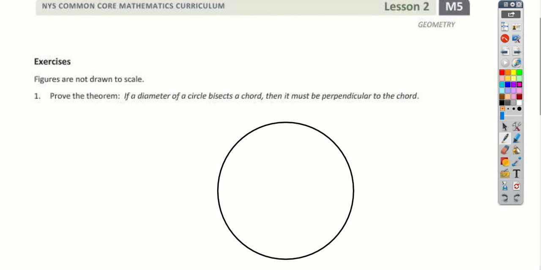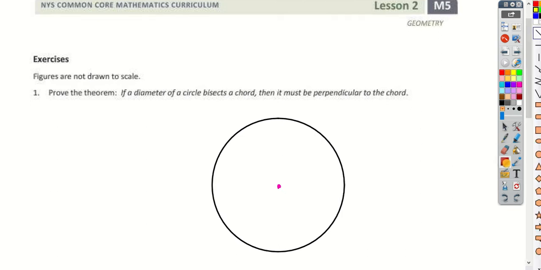The big thing is, if I take a circle and put a dot to represent the center, and I draw a chord, connecting any two points on the circle, and I create the perpendicular bisector of that line, it's going to have to be the diameter of that circle, guaranteed.